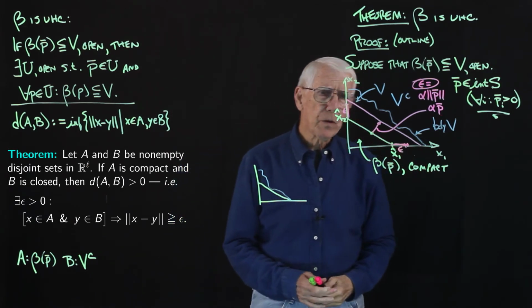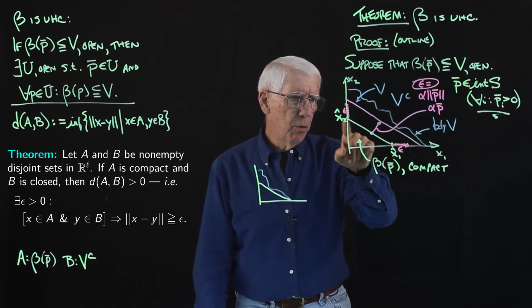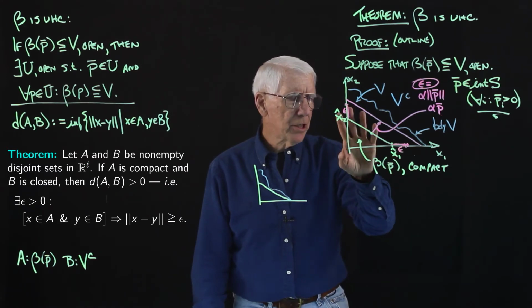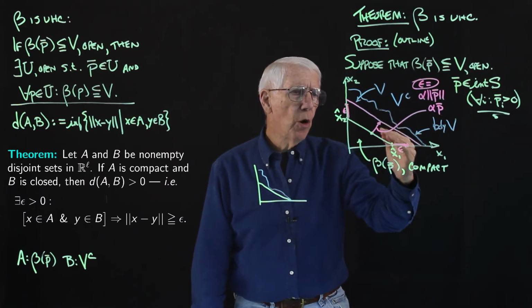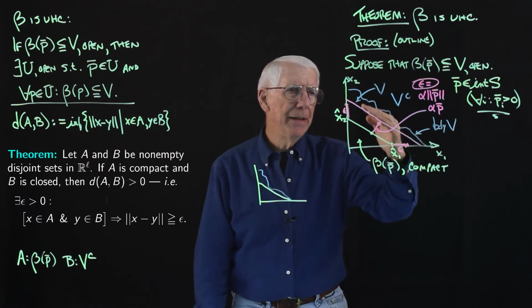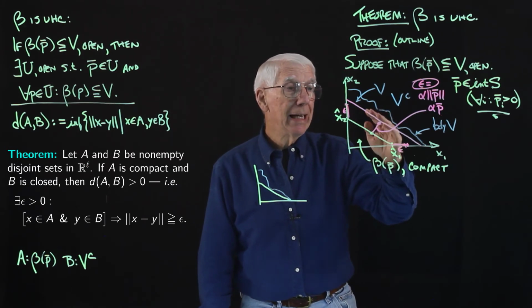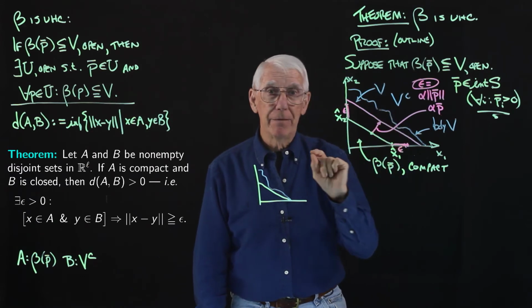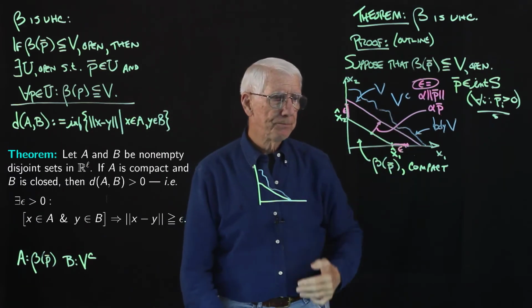So that tells me that if I go out from any one of these points on the axes, x1 hat, x2 hat, and so on, plus a distance epsilon, I'm still going to be inside this pink bounded region, and therefore inside the open set V. And that's the key to the rest of the proof.